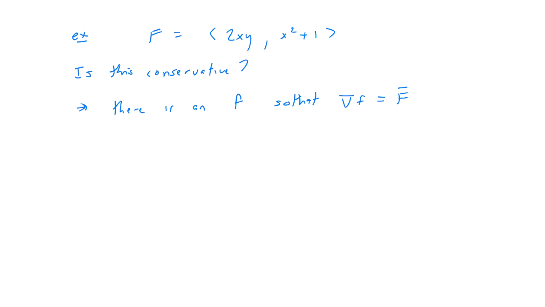And what we're going to do right now is just a quick check. Can we check quickly to see if it is? So let me ask, if this is true, then what does this first entry have to be in terms of little f?